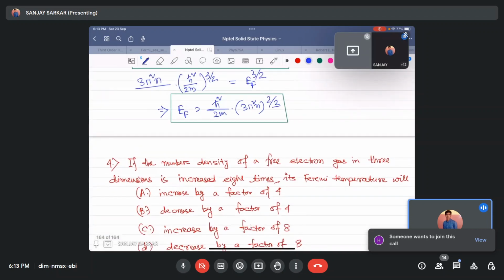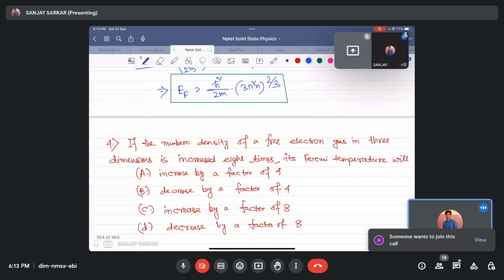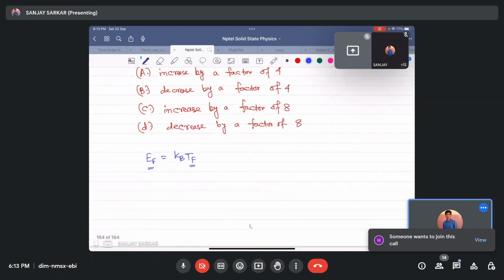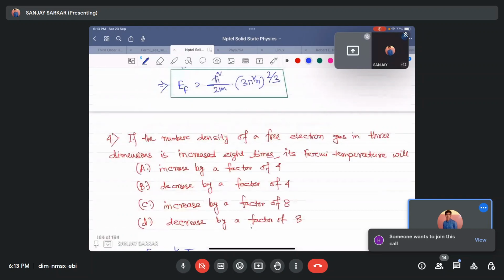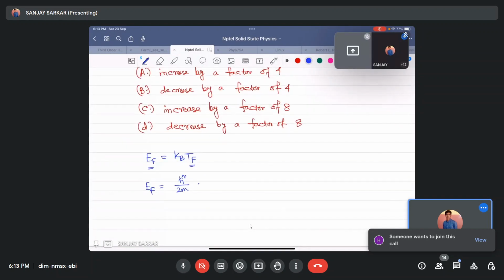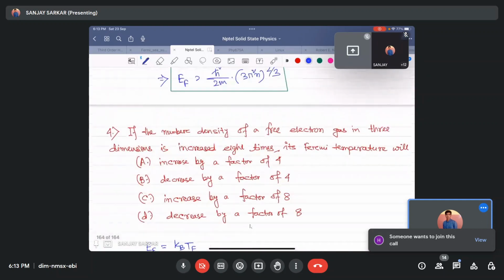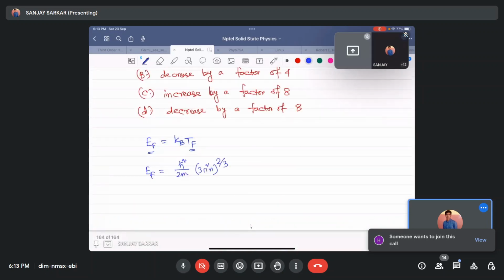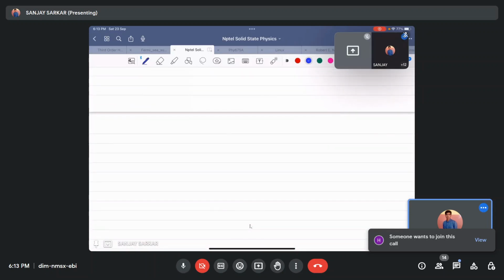So you know this formula that EF is equal to h bar square by 2m into (3 pi square n) to the power 2 by 3, right? Yes, so this is the formula.